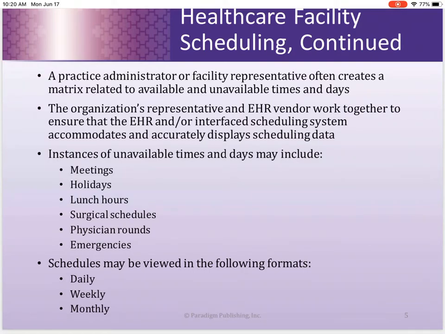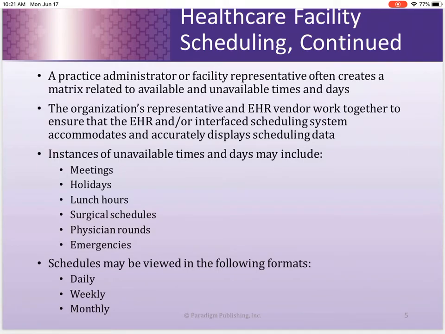When setting up the EHR system, the acute care or ambulatory care facility enters the parameters for scheduling patients. Typically, a practice administrator or a representative from the healthcare facility works with the EHR vendor to create available days, times, and types of appointments. Such parameters typically include available providers, available scheduling days and hours, and types of visit.